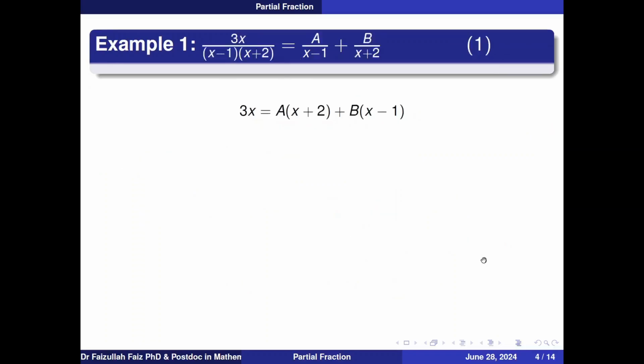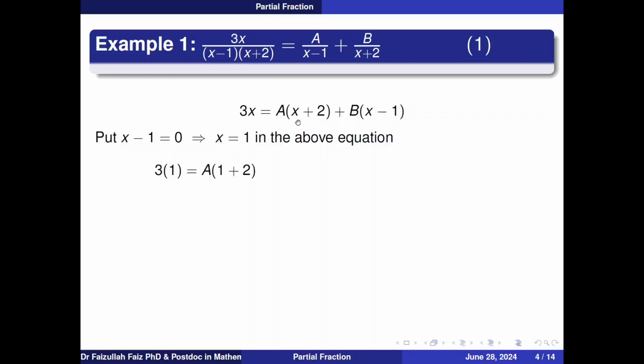Next we substitute x minus 1 equal to 0 to get the value of x, which is equal to 1. So putting this value of x in this equation, from the left hand side we get 3 into 1, which is equal to a into 1 plus 2, because instead of x we now have 1 here.